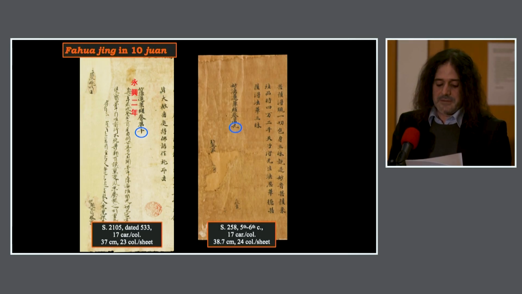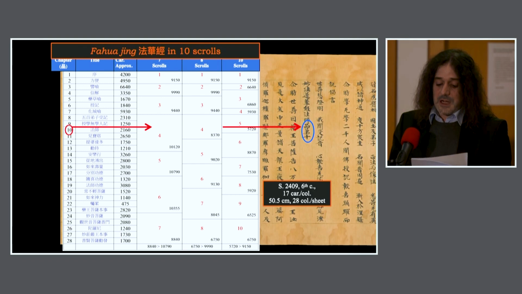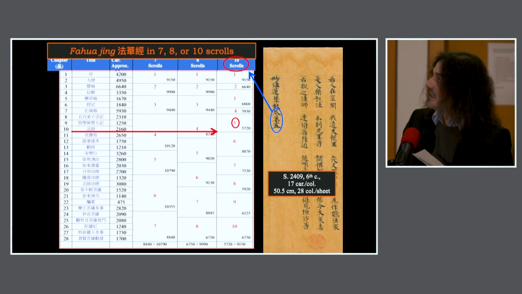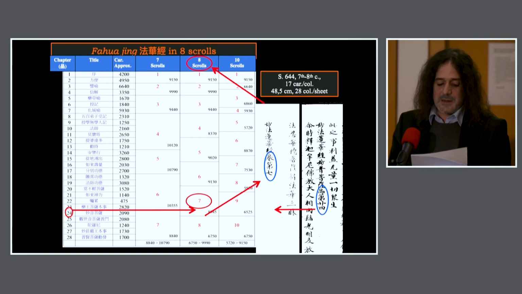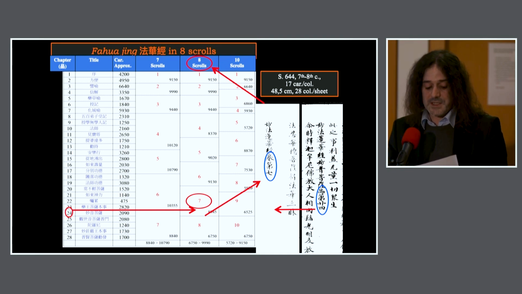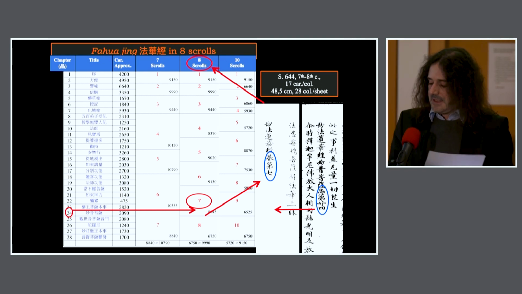For example, here you have 2 versions in 10 scrolls dating back to the 5th or 6th century, and another fragment of the 6th century that can be identified only as a 10 scroll version. And finally, this fragment of the 7th or 8th century, which corresponds only to an 8 scroll version based on its chapters and scroll divisions.